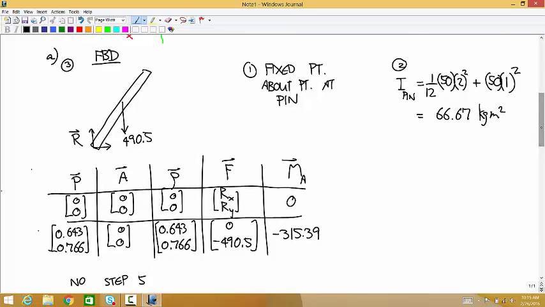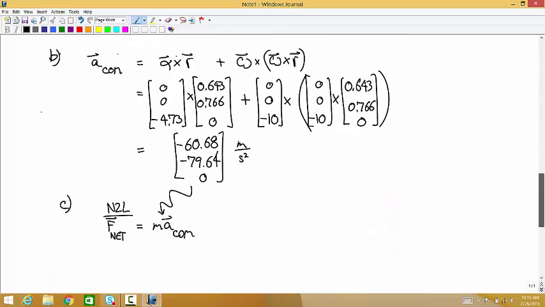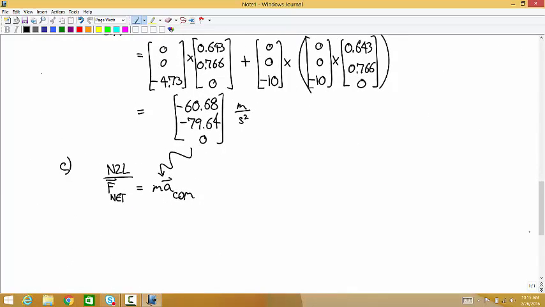So if you go back to the free body diagram, Newton's second law says Rx, Ry plus 0, negative 490.5 is equal to the mass times the acceleration we just calculated.